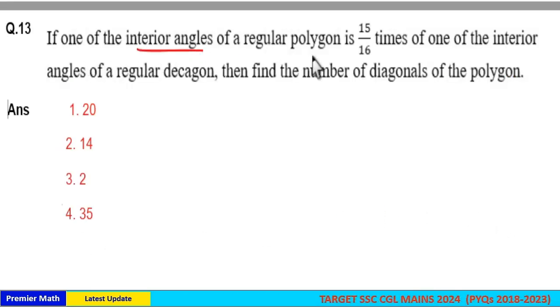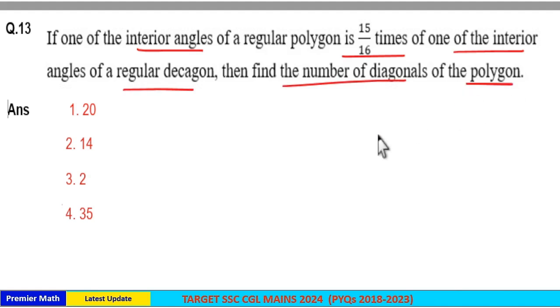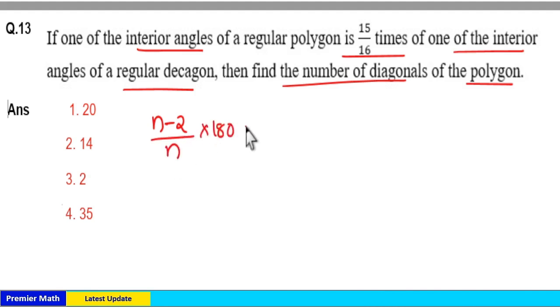If one of the interior angles of a regular polygon is 15 by 16 times of one of the interior angles of regular decagon, then find the number of diagonals of the polygon. Here, the interior angle formula is equal to n minus 2 divided by n into 180. So, interior angle of a polygon is 15 by 16 times interior angle of decagon.